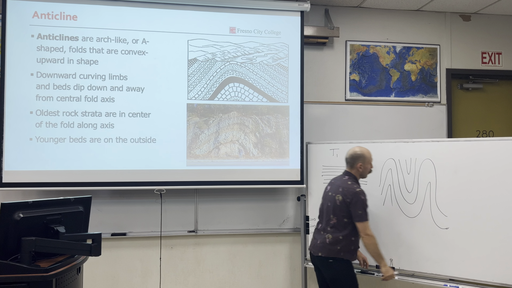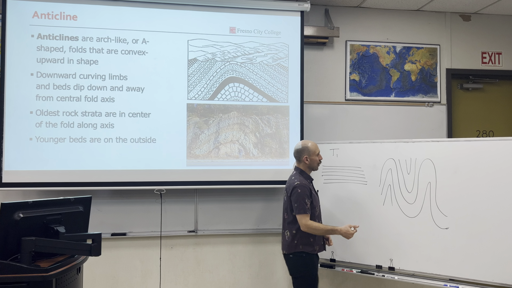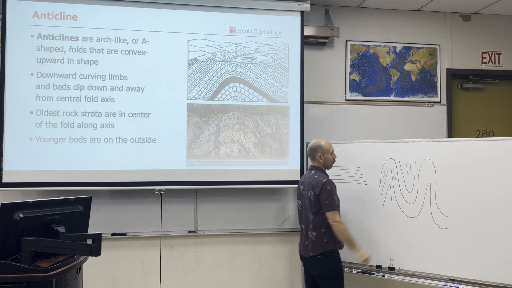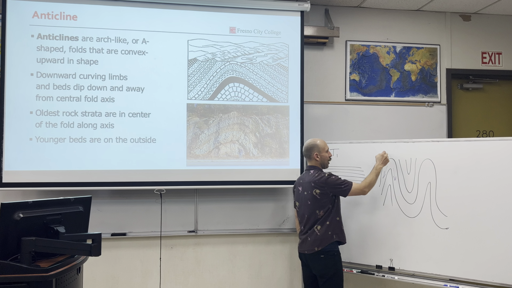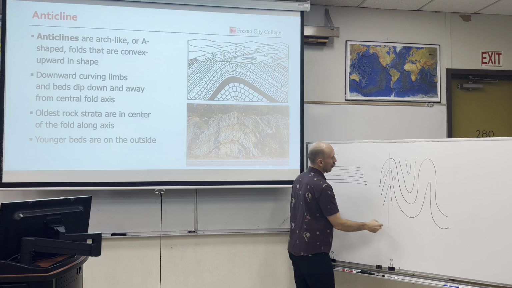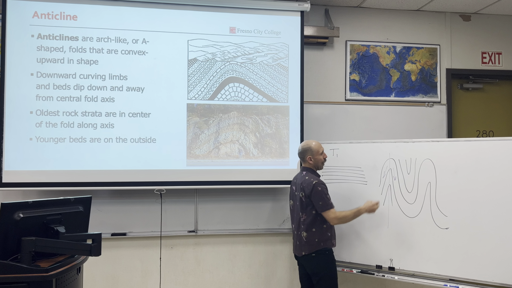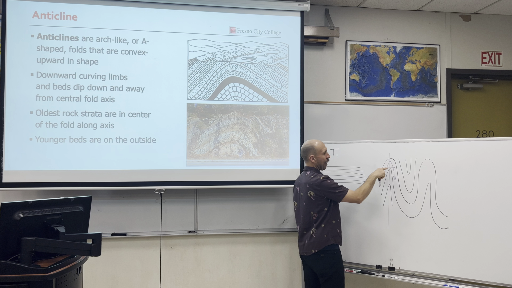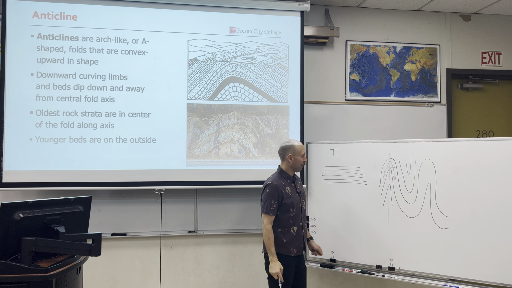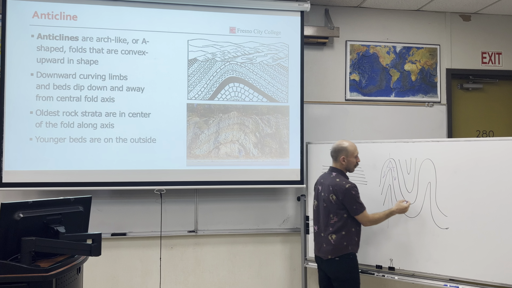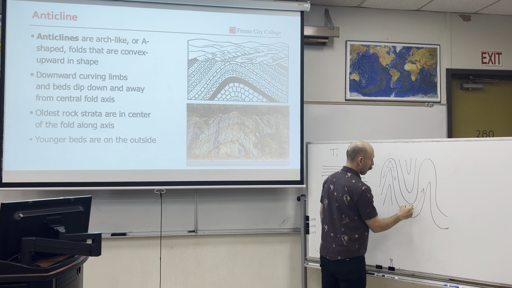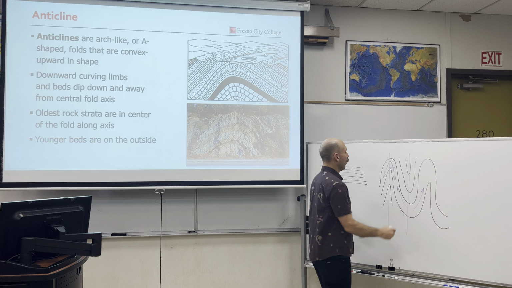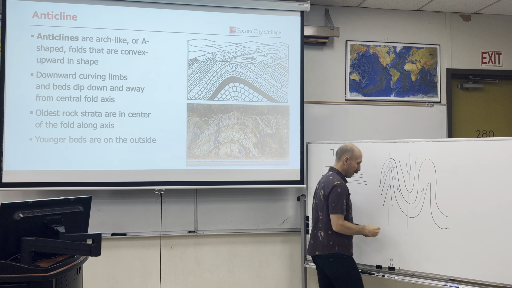Now, I've drawn two features here. We could say that when the fold limbs are plunging down on either side of the axial plane, we have an anticline. And you can make an A in the anticline. On the other side, when the fold limbs are moving up relative to the axial plane, this becomes a syncline. You can't really draw an S in there.